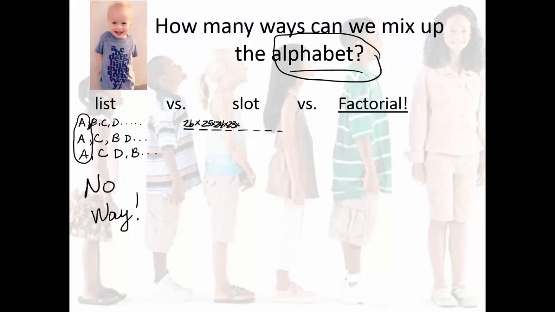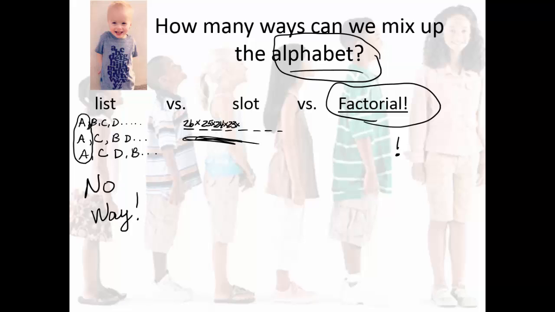What if there was a way that I could just do this calculation in one step? Well, there is, and it's called factorial. Factorial is awesome for these problems. It turns out that there's a function that does this for you. It multiplies any number by all the positive integers less than that number, and it's called factorial. Its symbol is an exclamation point, probably because it's so awesome that it does this.